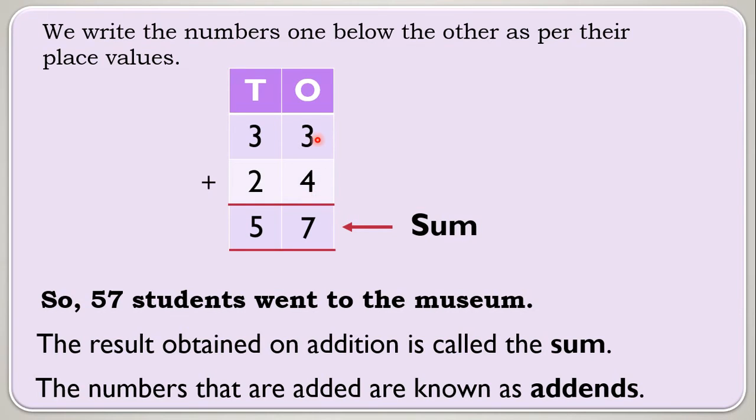And what are 33 and 24? 33 and 24 are called addends. Remember these terms. The numbers which are being added are called addends, and the result that is obtained after adding the numbers is called the sum.